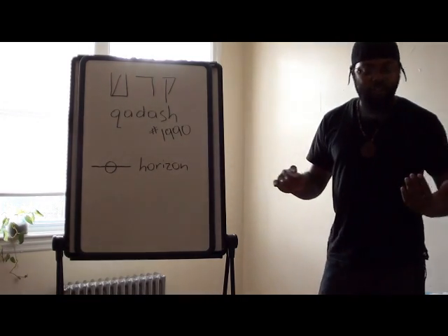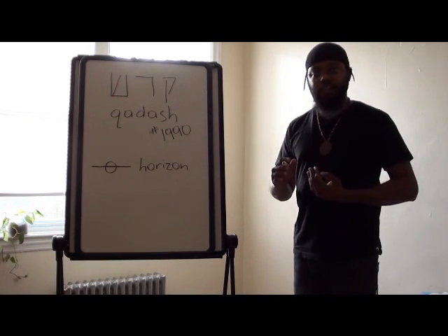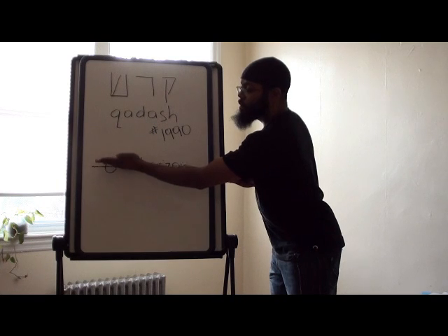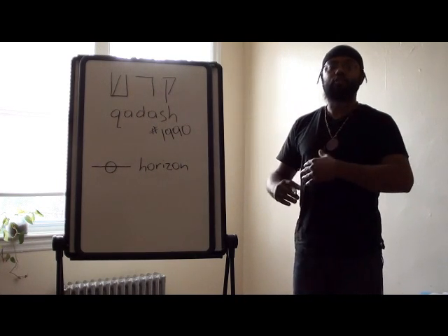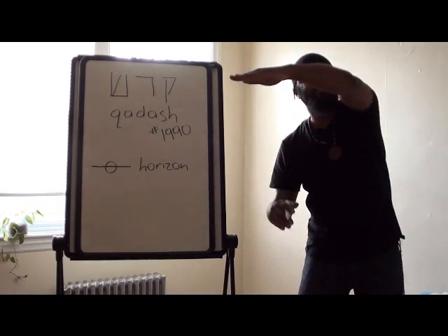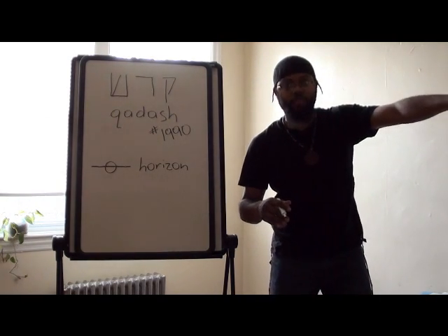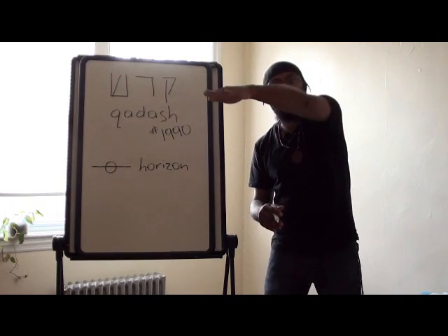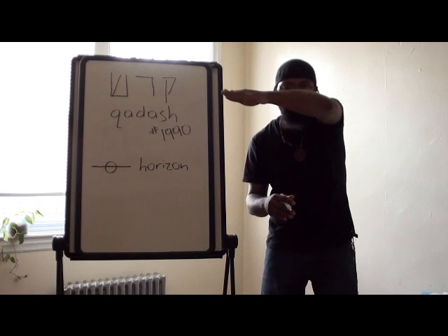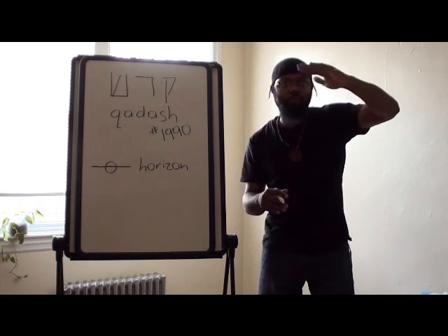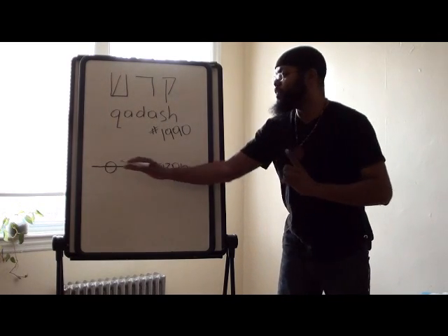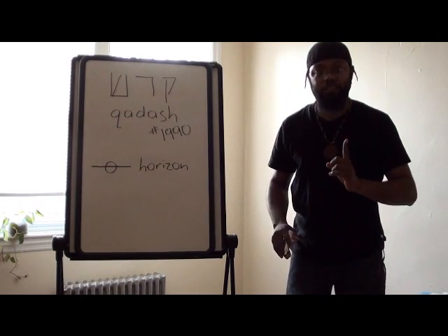So when you think about a horizon, what takes place at the horizon? What the horizon does is separate the earth from the heavens. If you've ever been on a beach and looked out towards the ocean, you've seen the ocean and then you see the sky. And that line that separates, even though there may not be a visible line, that part right there that separates that water from that sky, that's considered a horizon. In other words, that indicates a separation.